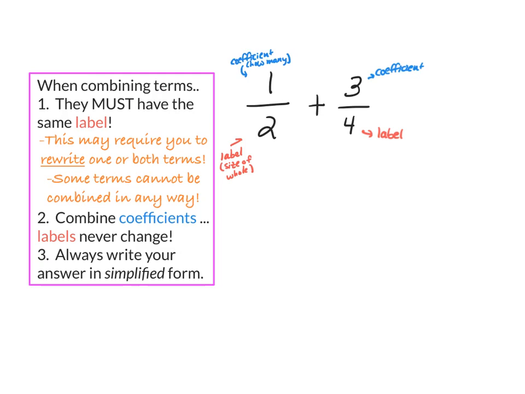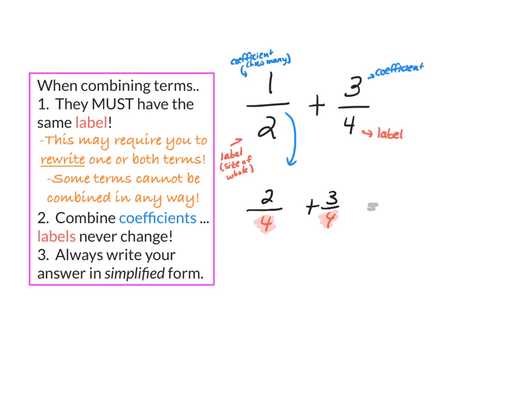But sometimes we might need to rewrite one of the terms so that they do have the same label. So for example, I could rewrite 1/2 as the number 2/4. So then when I consider their labels on the denominators, fourths and fourths are the same label.